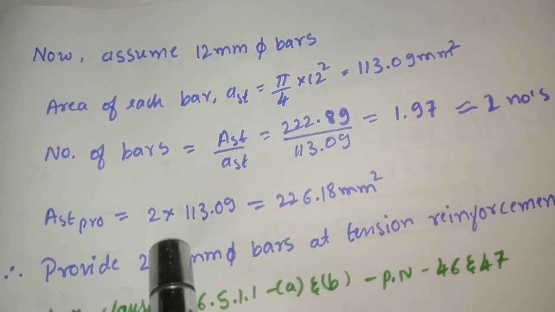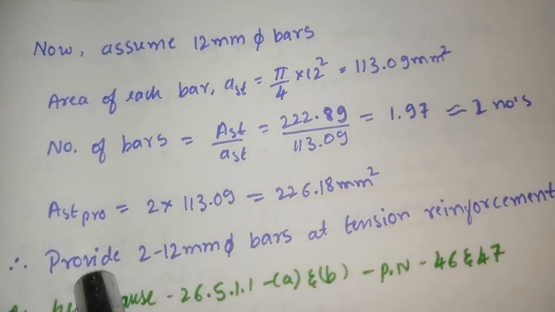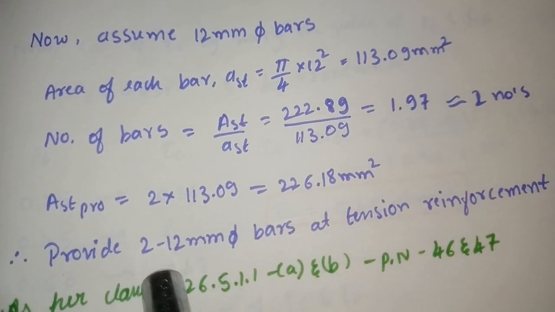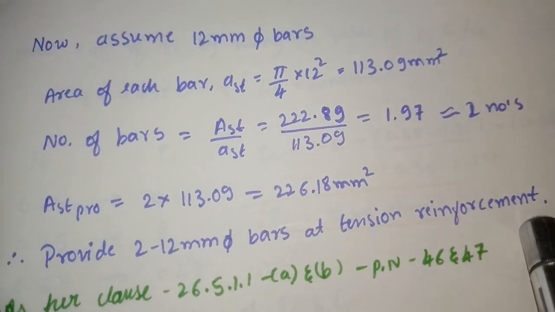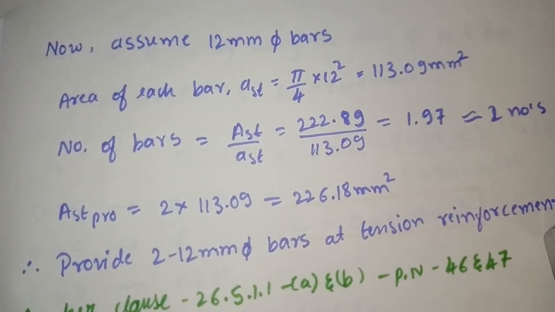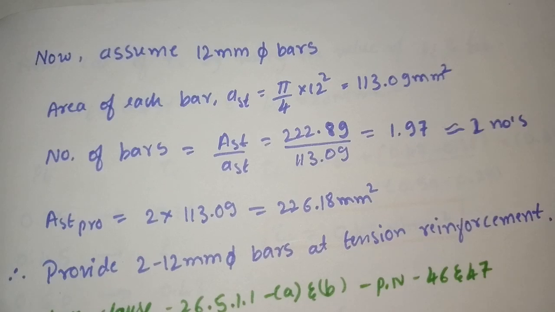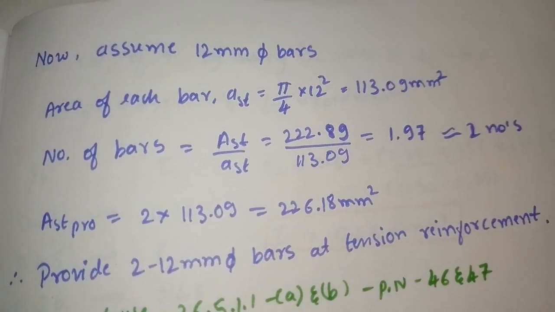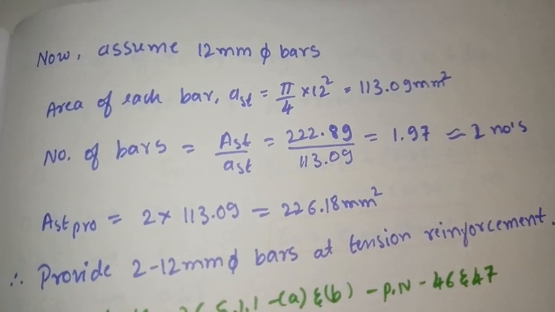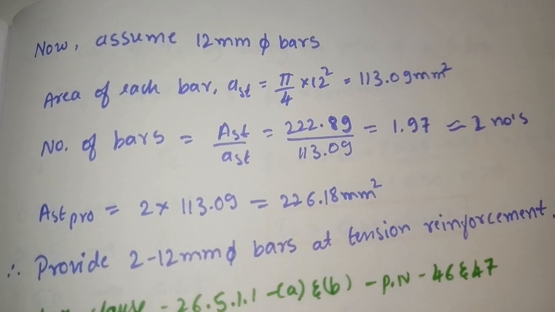This is the AST provided. So provide two numbers of 12 mm diameter bars as tension reinforcement. This is how we calculate the AST provided by assuming the diameter of bars and finding out the area of each bar and the number of bars.